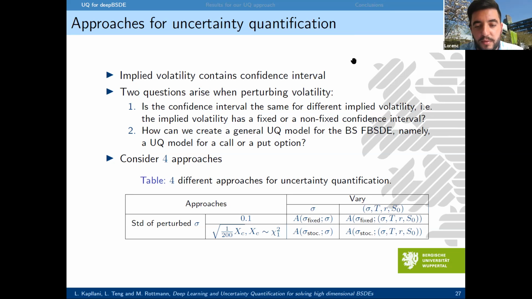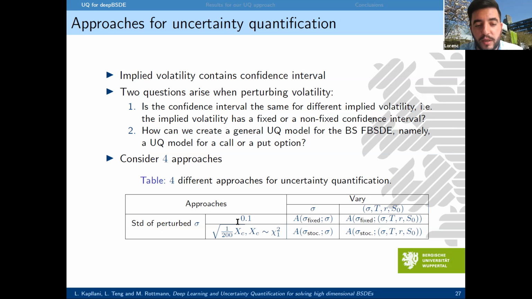In this table, you can see that on the left-hand side, this part represents the perturbation. I will try to be very clear about this part because it may be confusing. These approaches have two directions.